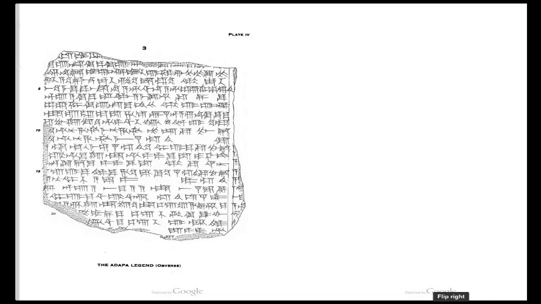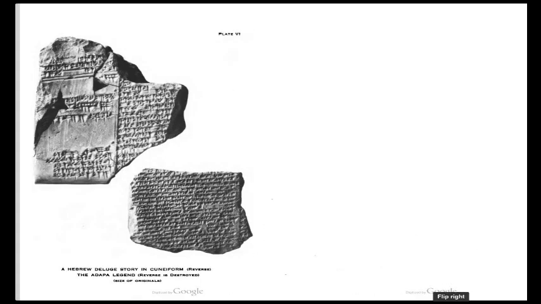And so forth. The Etana legend, ancient version of the Etana legend. The Adapa legend in cuneiform verse. And here's the obverse, probably the back. There's the front or the back.